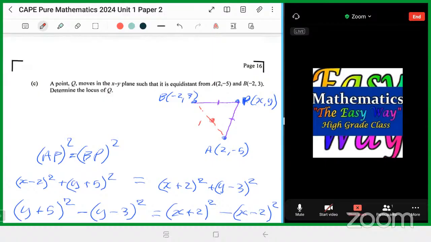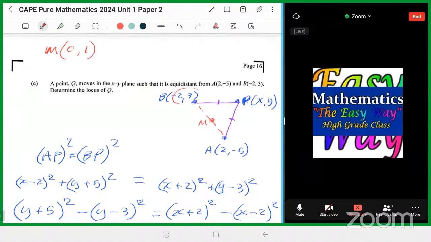The midpoint is going to be the average of the x values, this and this, which is 0. And the average of the y values, this and this, is negative 1, because 3 minus 5 is negative 2, and negative 2 over 2 is negative 1. The midpoint is negative 1.